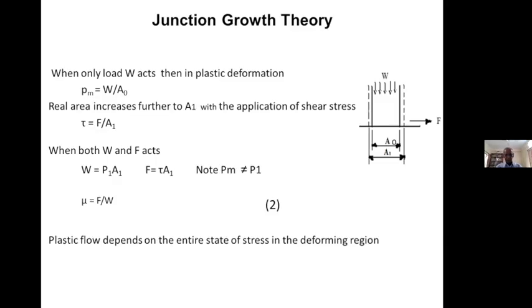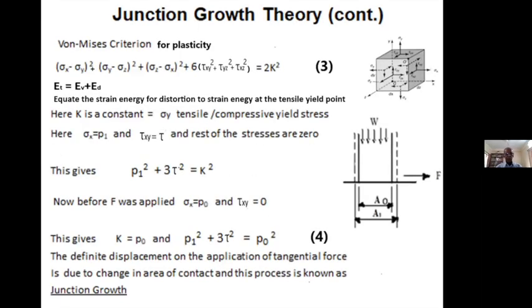Now this brings in a plasticity condition. We have to now consider a plasticity condition. One of the very well-known plasticity conditions is that of the von Mises criterion.